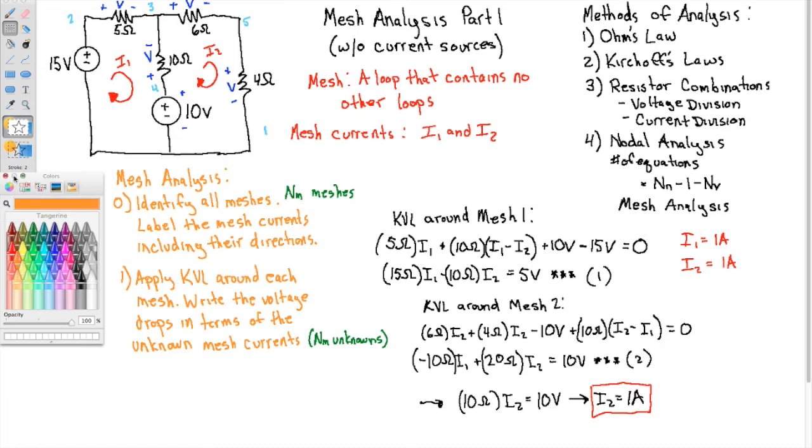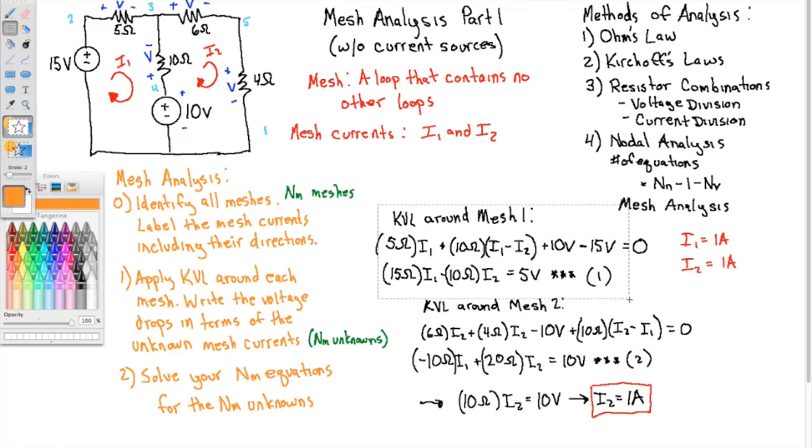And we'll say the third step is solve your N equations for the N unknowns. Right? We had 2 equations and 2 unknowns, so we solve those guys.